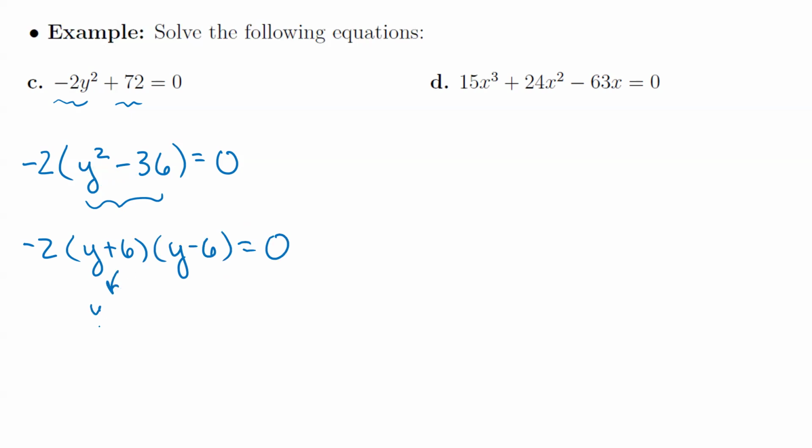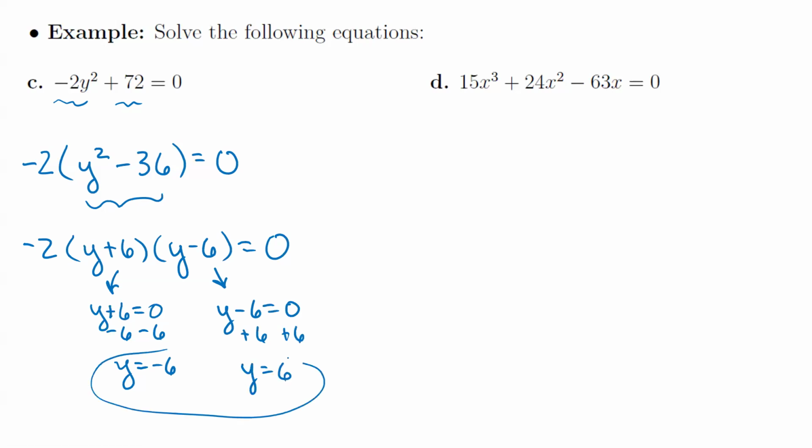So we set every factor that has a variable in it equal to 0. So we get y equals negative 6 and y equals 6. Then in part D, we have one side equal to 0 here as well, but there's also definitely things that we can pull out of each term.